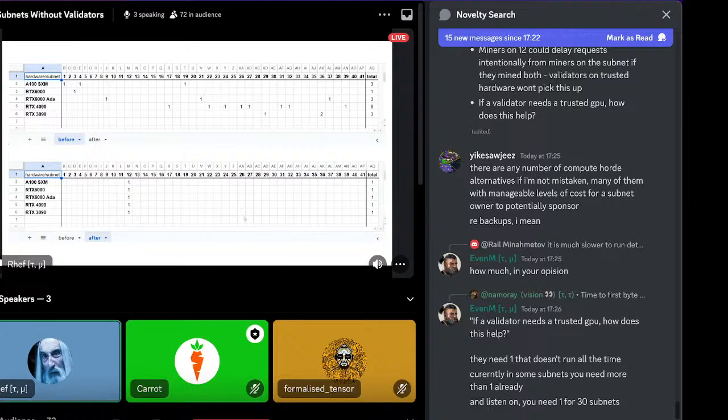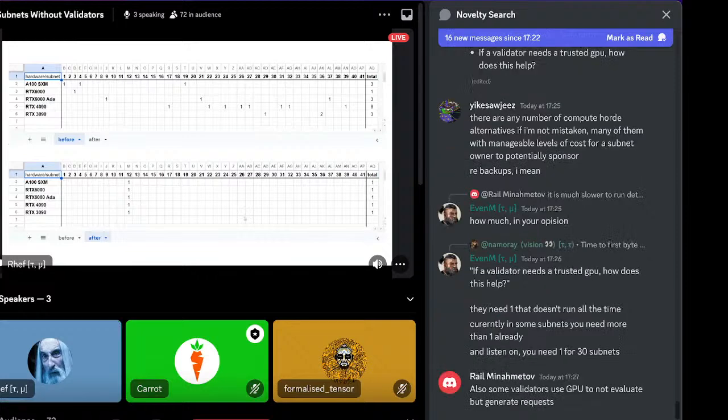Now, why can't we use one graphics card for everything? The determinism is kind of local to a graphics card type. Graphics cards are kind of over-optimized, and they lose precision.